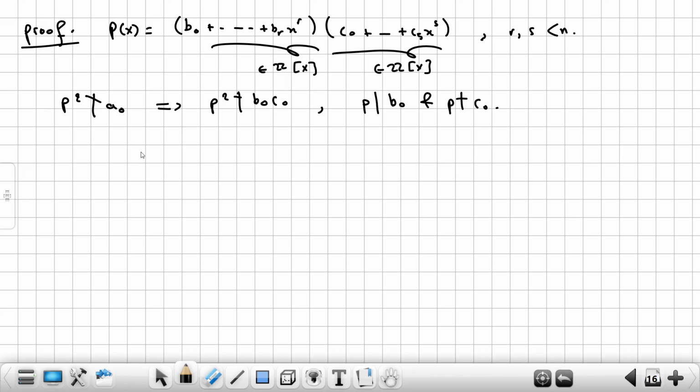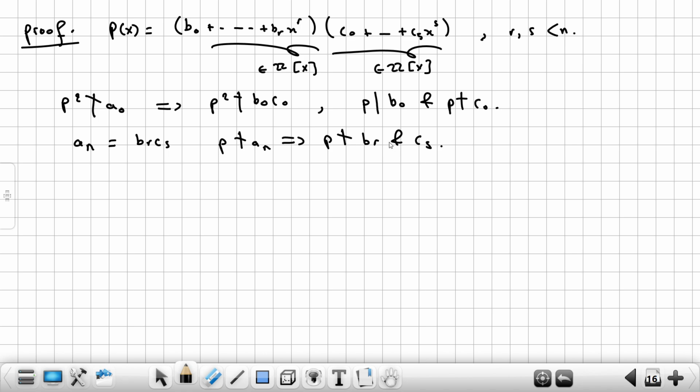Now an also is equal to brcs, and p does not divide an, so p does not divide br and cs.